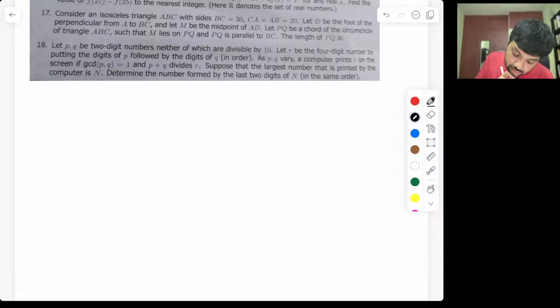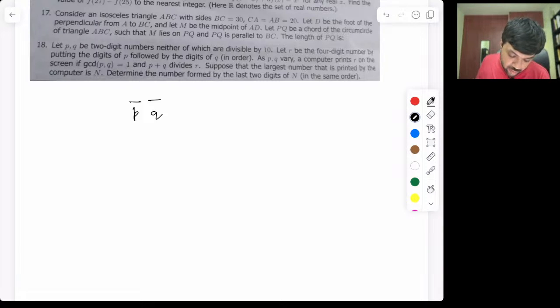So it just skips things that are divisible by 10, all ending with 0. Let R be the 4-digit number which puts the digits of P followed by the digits of Q. So first P and then Q. As P and Q vary, the computer prints out R, these 4 digits, on the screen.